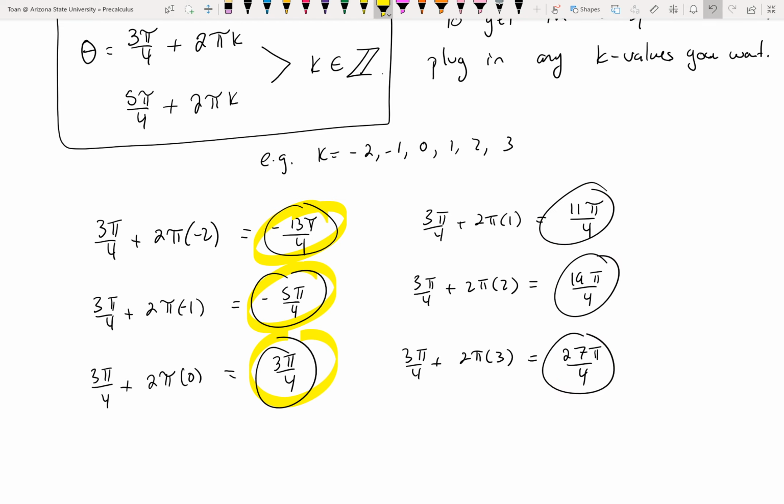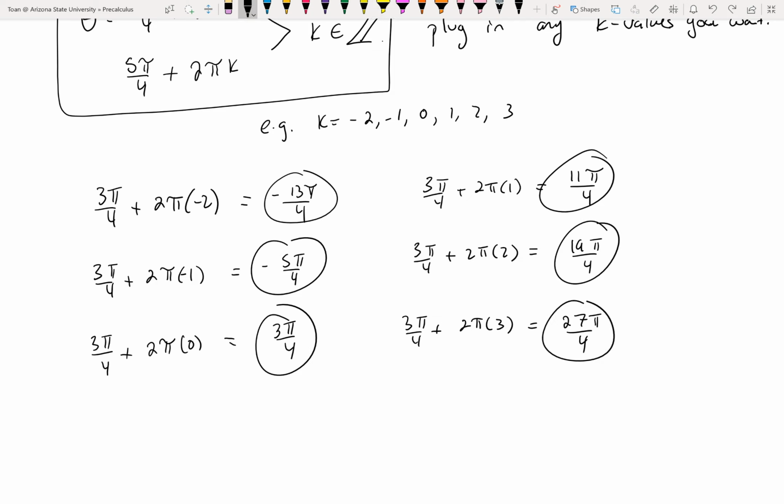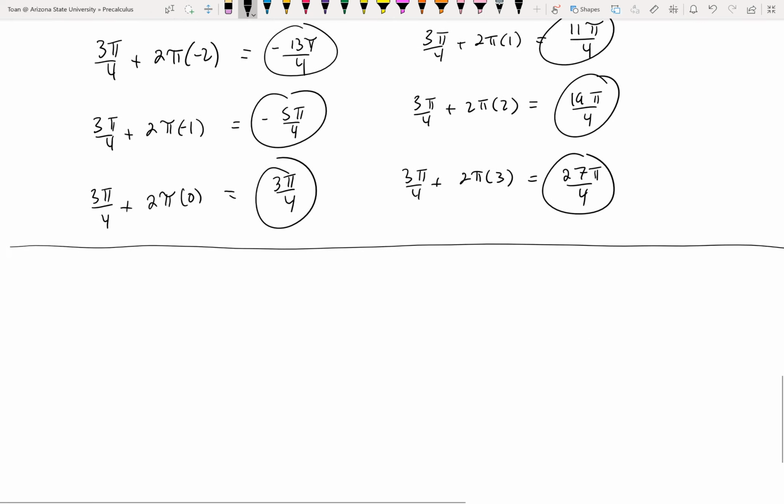That's about it. That's solving basic trig equations, just understanding that we're not solving for numbers per se, we're solving for angles, and angles are cyclical, so you might have an infinite amount of answers, and you have to be able to write all of the answers down in an appropriate manner.